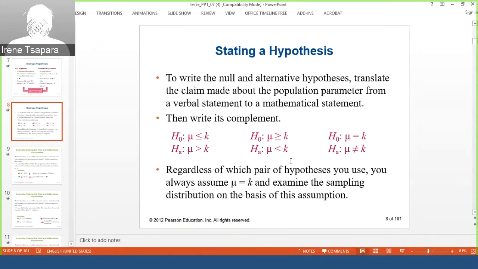The middle one gives you a left-tail test, while the third one gives you a two-tail test. So the type of test you have is declared by the alternative hypothesis. Greater gives you a right, less gives you a left, different gives you a two-tail test.